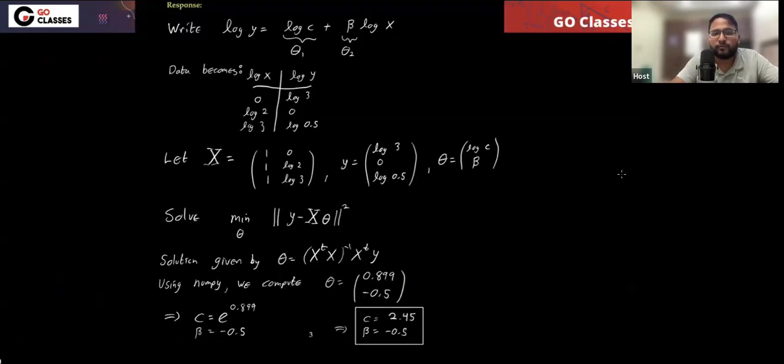Or what you can do, you can take the log both sides. Okay, if you take the log both sides, then you will see that, very interestingly, there's a linear relationship between log x and log y.